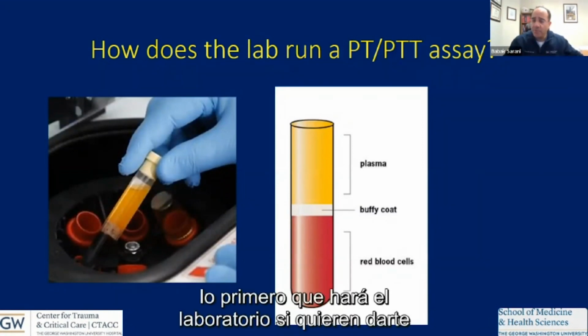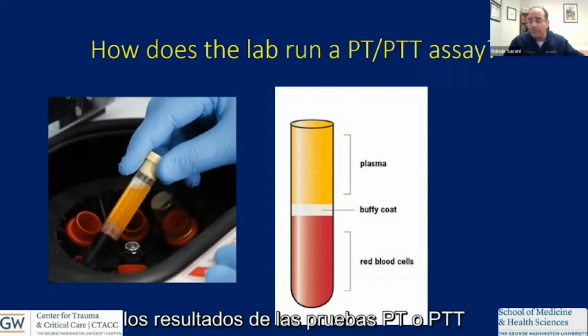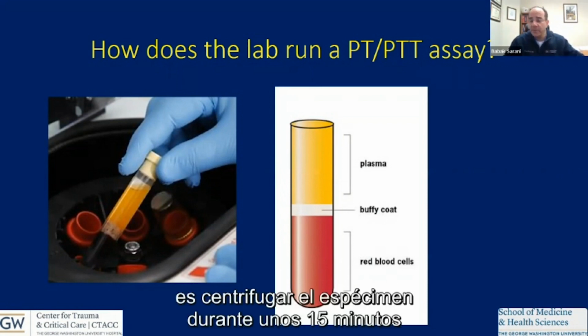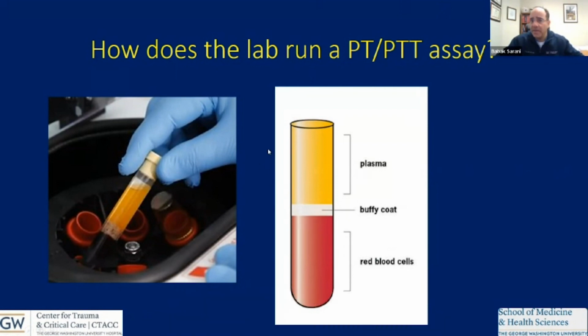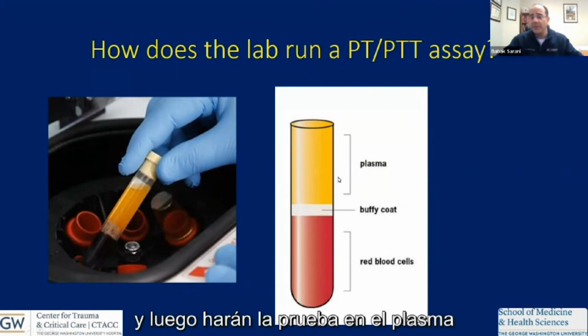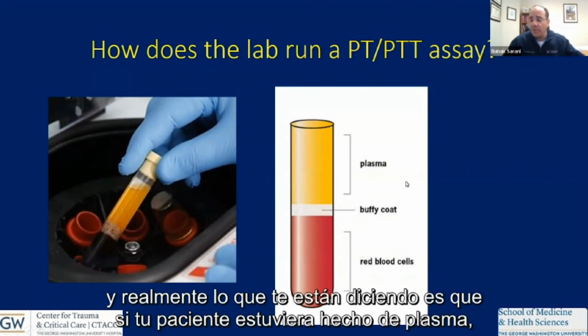The first thing the laboratory will do if they want to give you the PT or PTT test result is centrifuge the specimen for about 15 minutes. They will then take off the top layer of the specimen, the plasma, and run the test on the plasma.